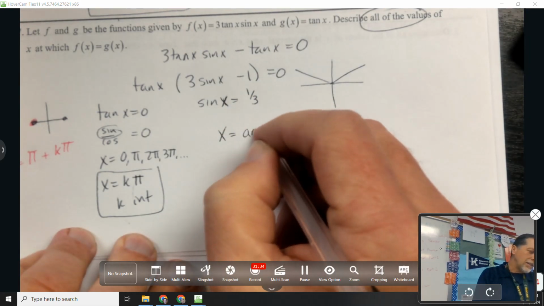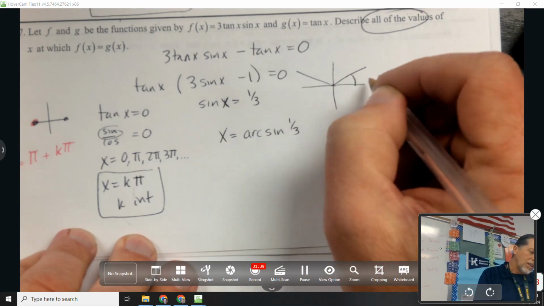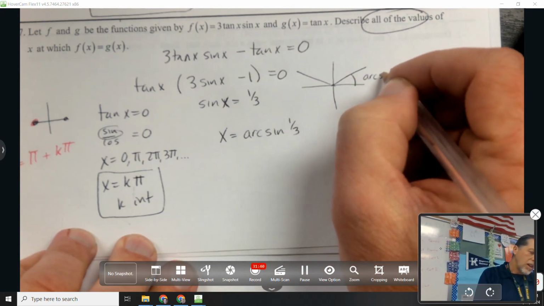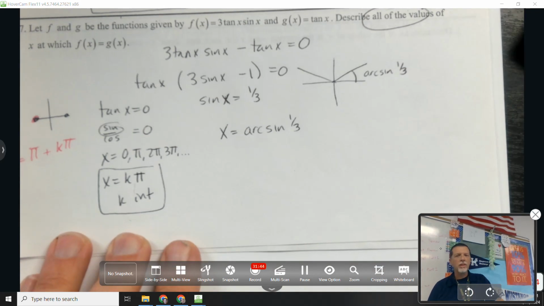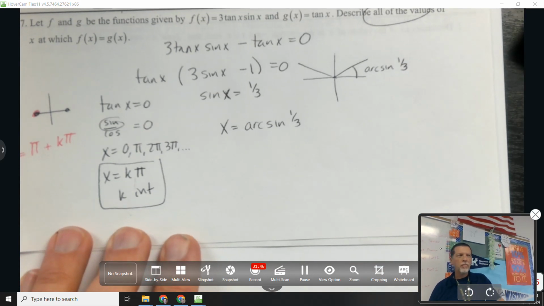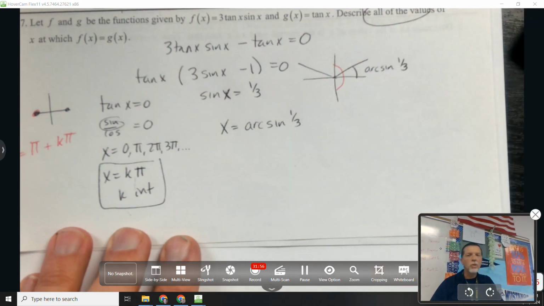So arc sine of 1/3 would give me this angle. Arc sine means find me an angle whose sine is 1/3. The trouble is that didn't give me the other angle, because arc sine has to come from 1 and 4.